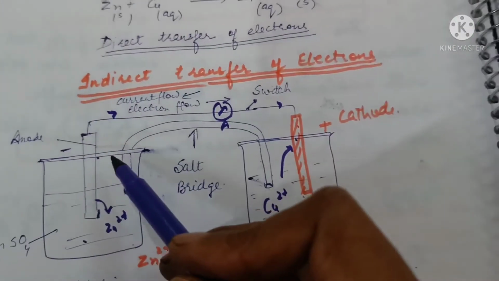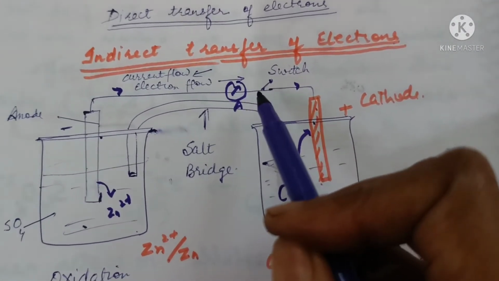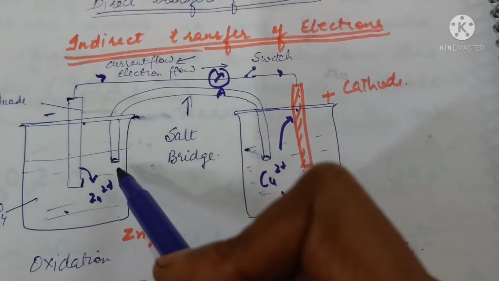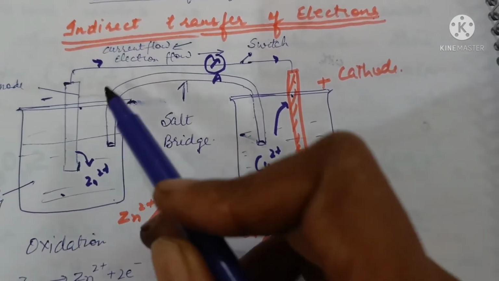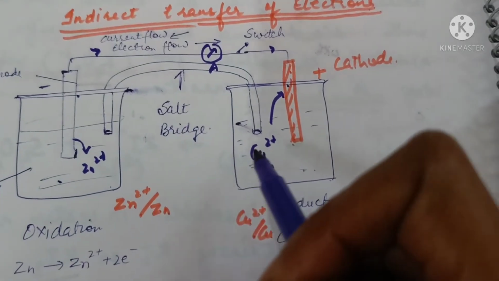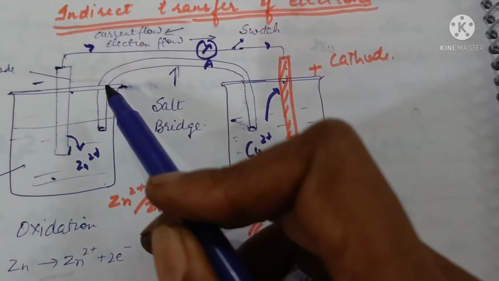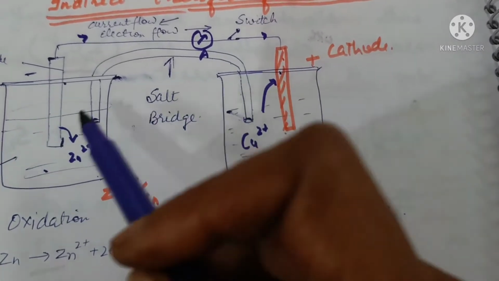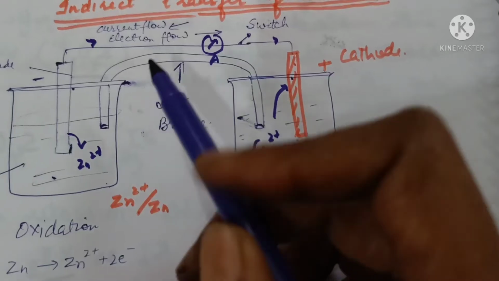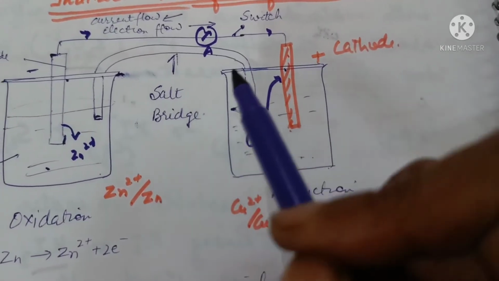So the neutral potassium chloride or ammonium nitrate, because it's in solid form, will prevent the direct contact of the two solutions, but at the same time will maintain the electrical neutrality of the two solutions placed separately. So this U-shaped tube is called salt bridge.